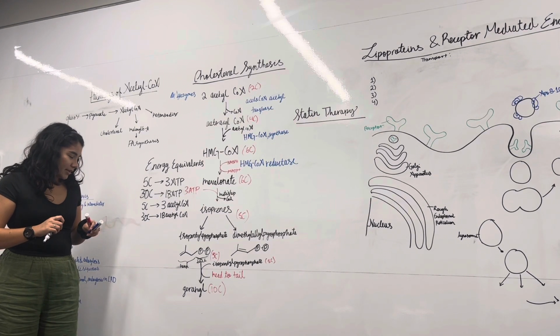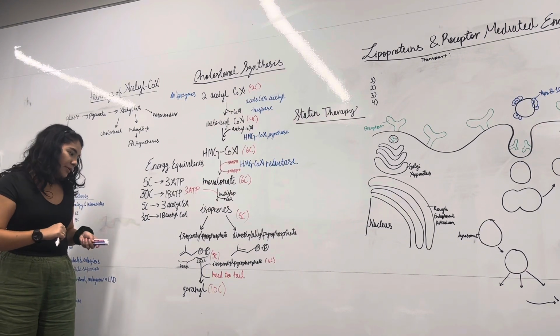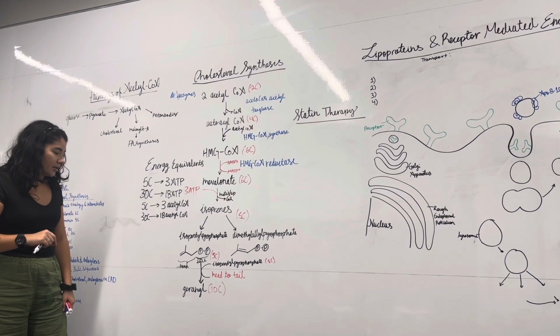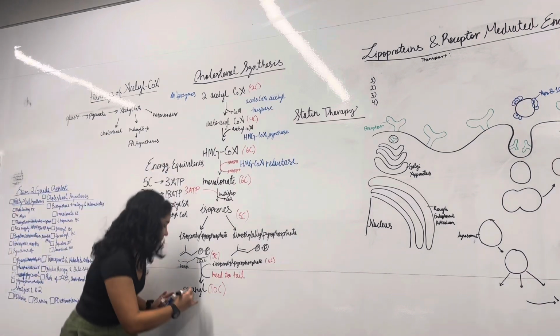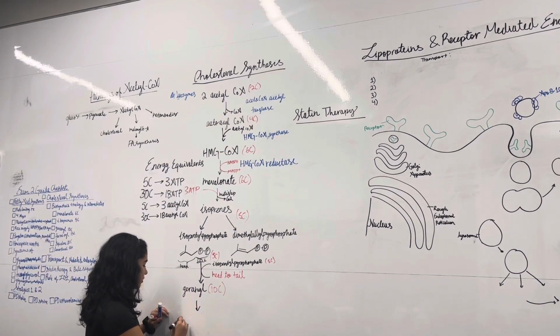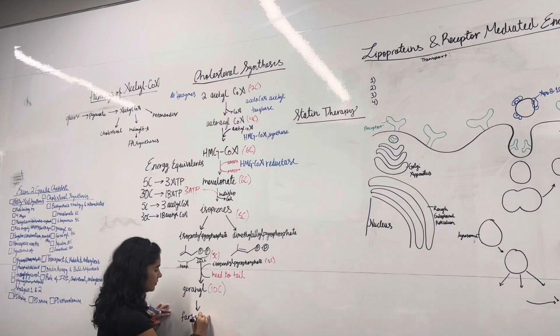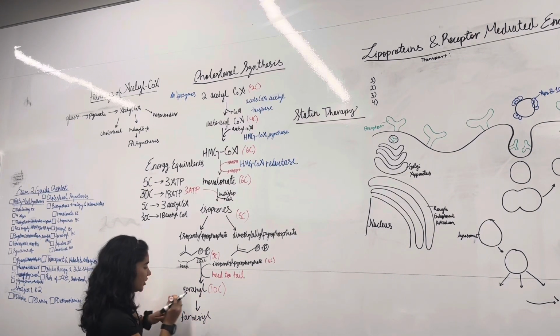Okay. And then we're gonna add another 5-carbon isopentyl pyrophosphate, right? Another into that to make a 15-carbon, which is farnesyl, right? Farnesyl, yeah. Which again is a 15-carbon.